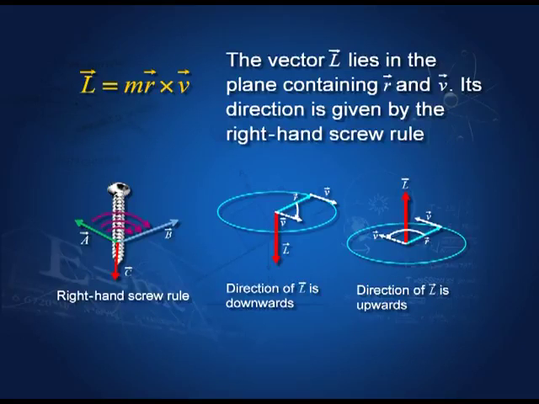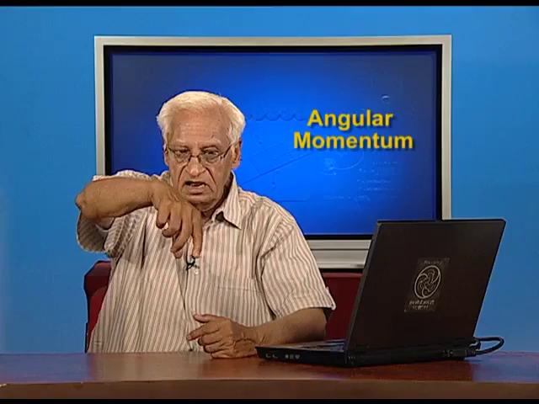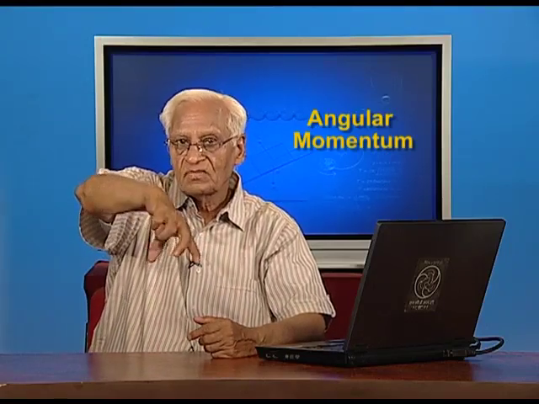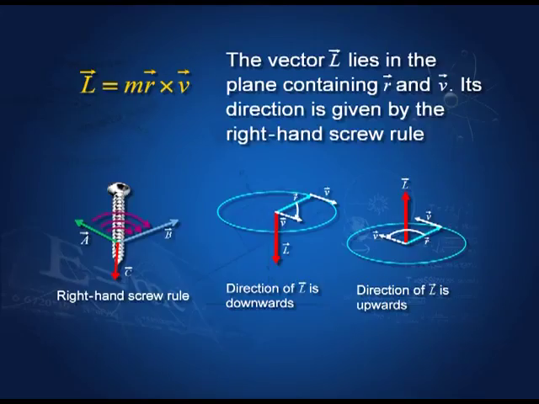Here in this case, v is in this direction, r is in this direction. So, for the cross product r crossed v, we rotate from r to v with the right hand this way, and you can see the screw is going down. So, the vector L goes down.